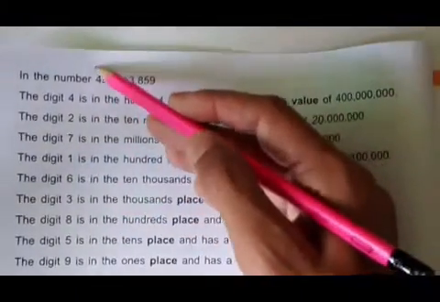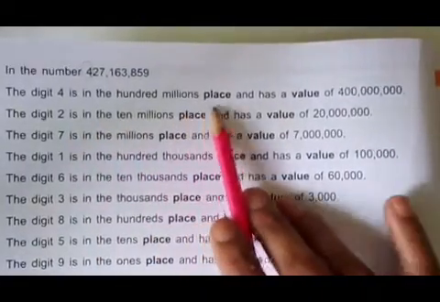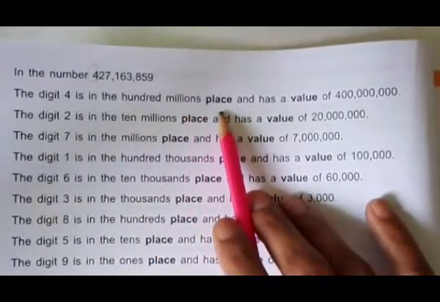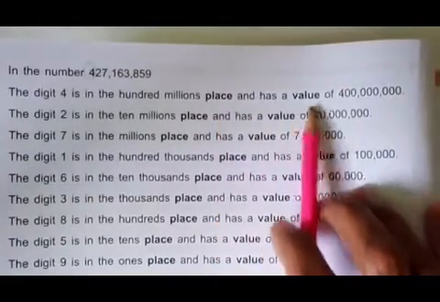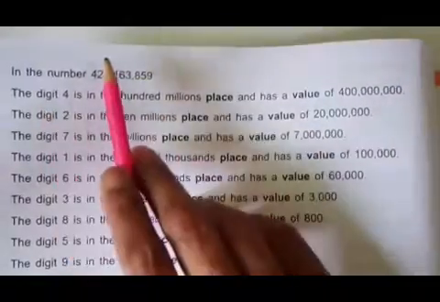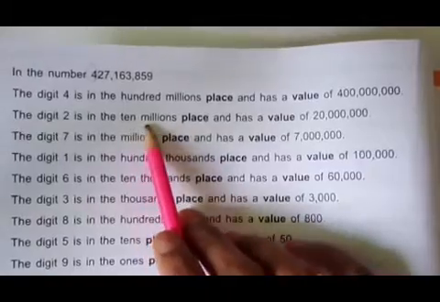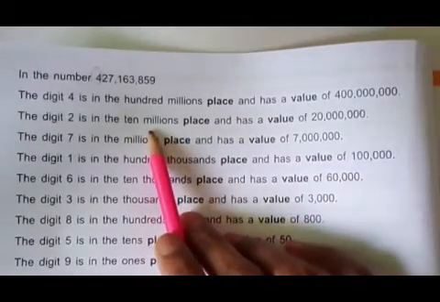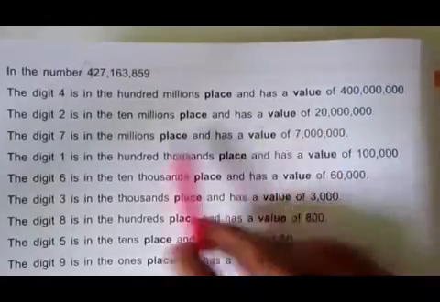Let us know the place value of 4. 4 is on the 100 millions place, and the value is 400 million. 2 is in the tens million place and has the value of 20 million.